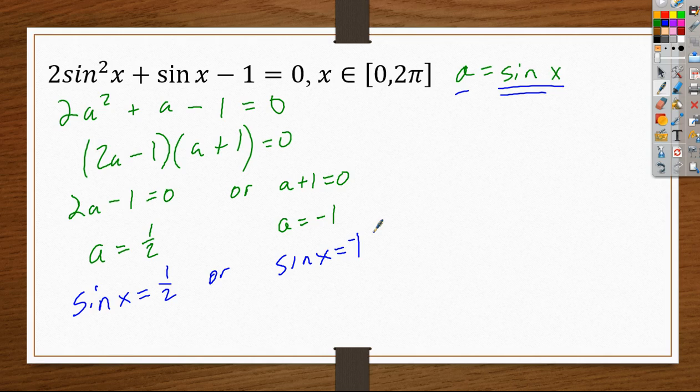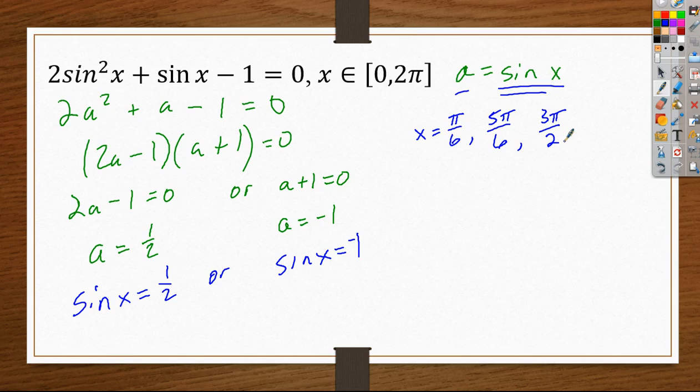Using the unit circle, you see that x is equal to pi over 6, 5 pi over 6. And what about when sine x is equal to negative 1? Well, sine x is equal to negative 1 at 3 pi over 2. And those are your 3 possibilities.